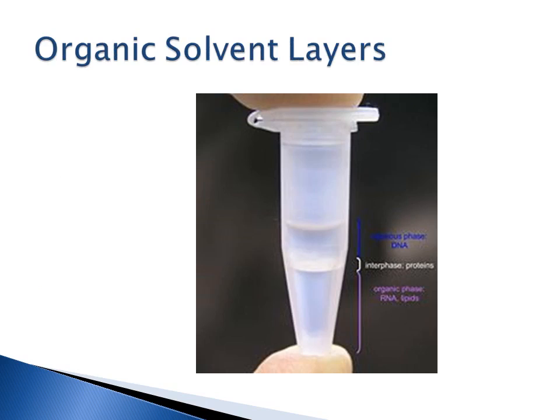So this is an example of your organic solvent layer, where you have your hydrophobic components on the very bottom, you have your cellular debris and proteins as a white precipitate at the interface, and the top is a very clear aqueous solution that contains your DNA.